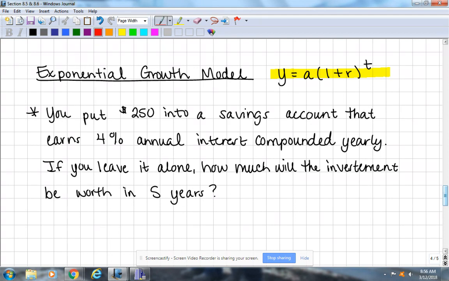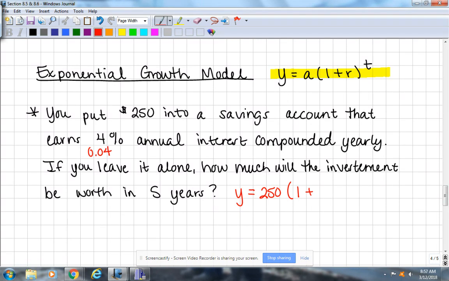It's terrible. Okay, so what we're going to do is plug everything into that model. So we're going to say y equals, what's our initial amount? 250 times 1 plus, because we're gaining money. Now, what's 4% as a decimal? 0.04, right?